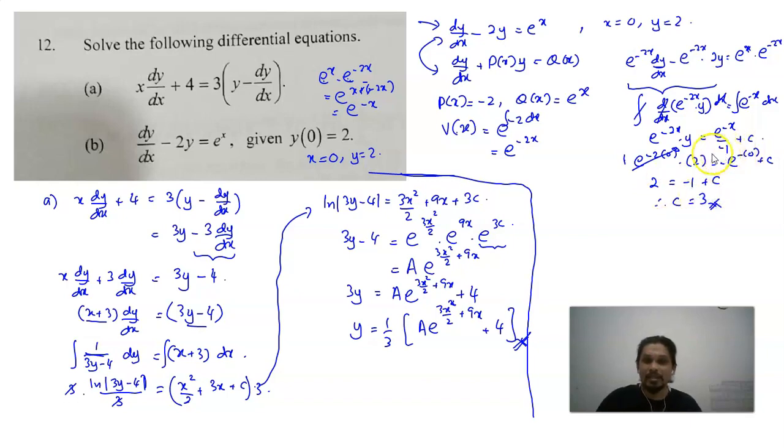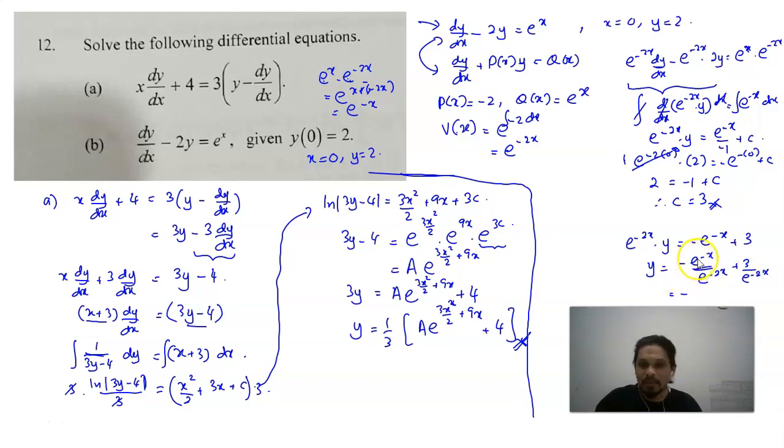So now e power of negative 2x times y equal to negative e power of negative x plus 3. So then y equal to negative e power of negative x divided by e power of negative 2x plus 3 divided by e power of negative 2x.